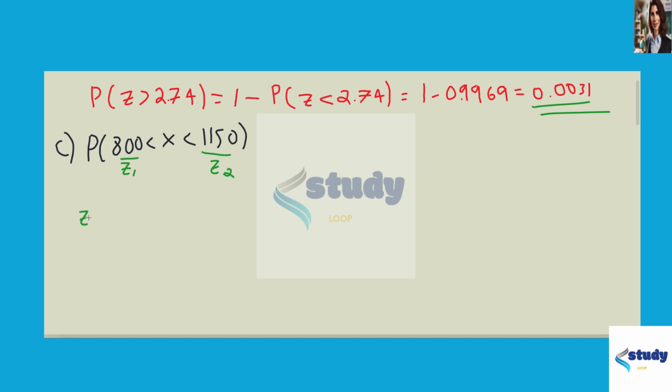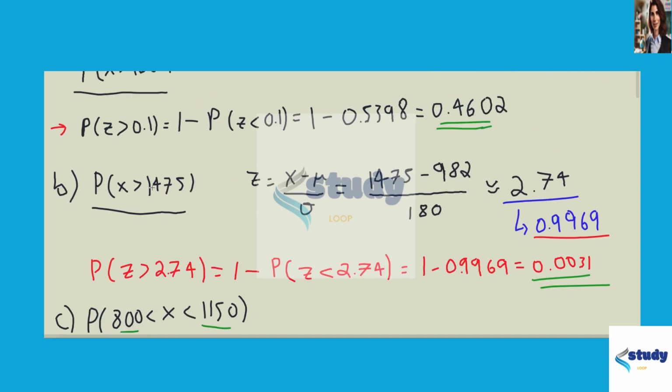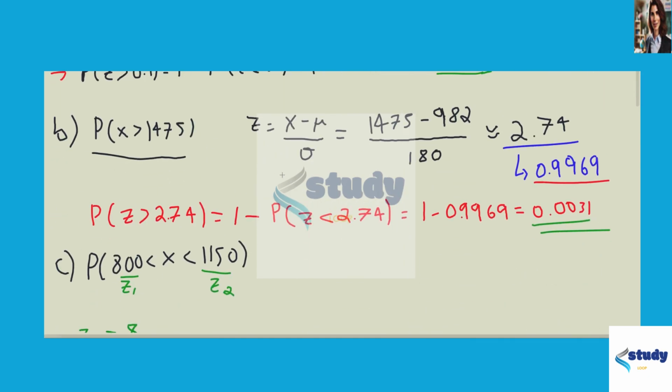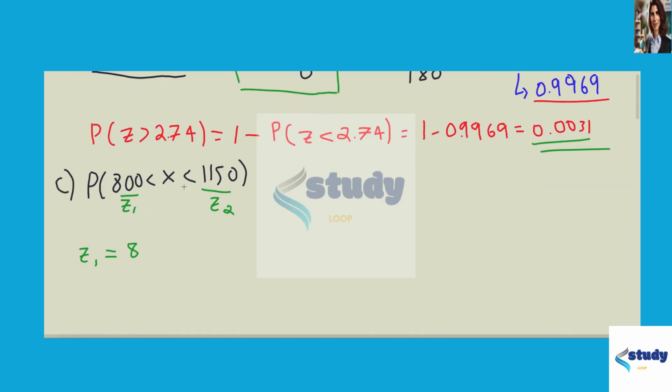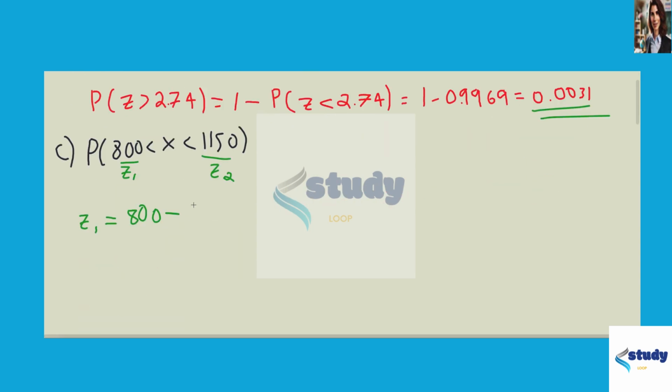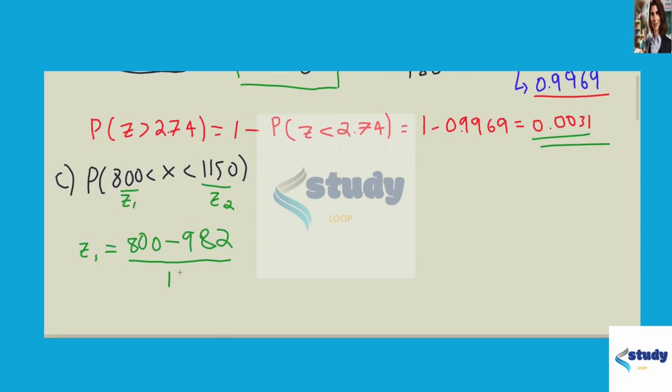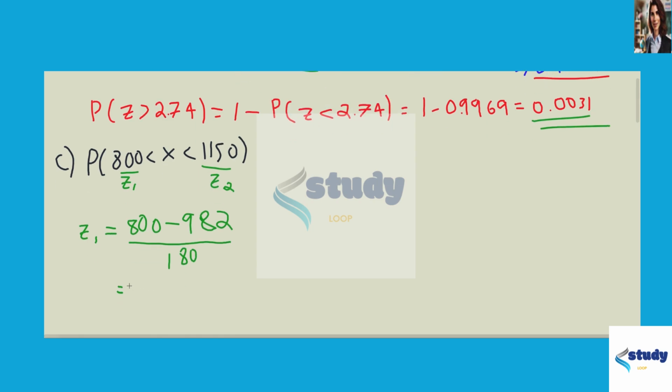So z1 is equal to, we're just using this basic formula again, 800 minus 982 over 180, which is equal to negative 1.01.